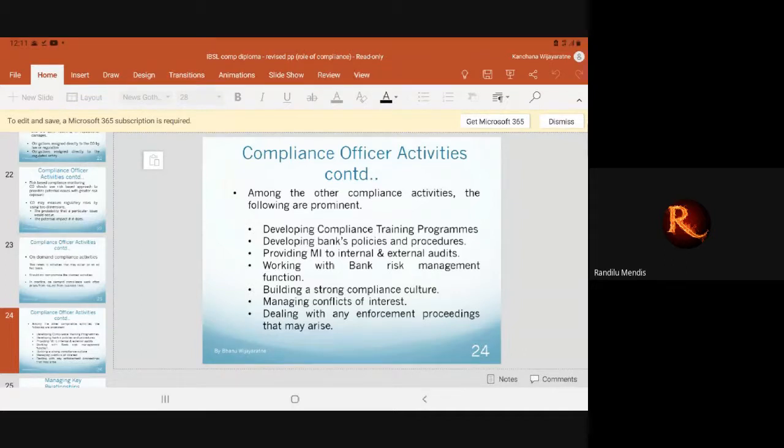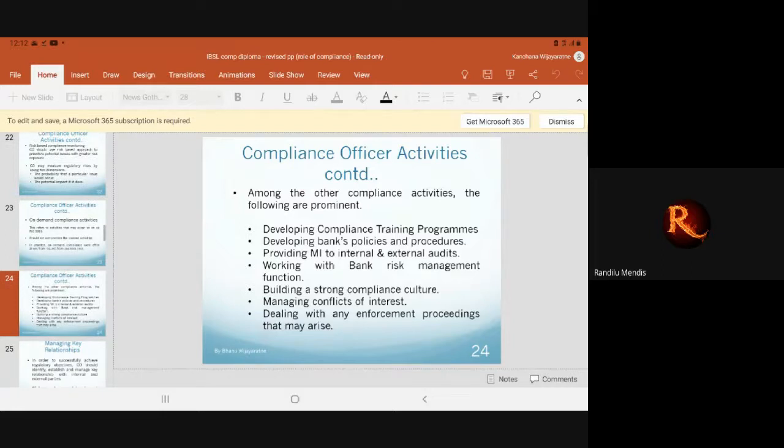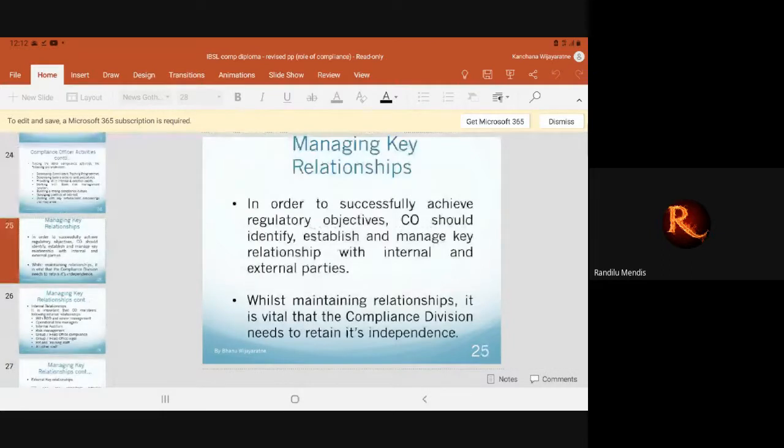Various law enforcement agencies, sometimes the excise department. So you have to deal with them. That's part of another compliance function: enforcement proceedings need to be attended to by the compliance. That's another important function coming under the compliance division or the compliance officer, right?